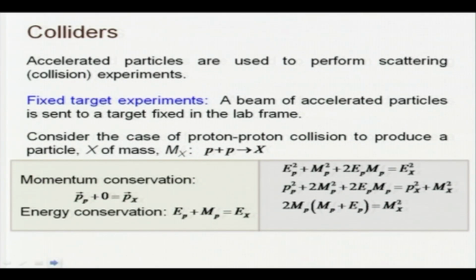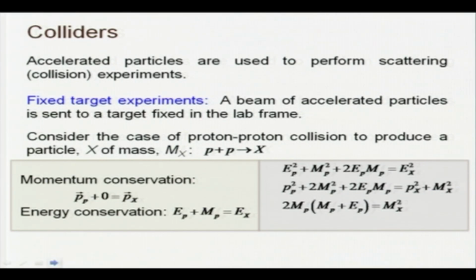To be completely correct, I should have put the powers of c along with this. For example, energy is equal to mc square. The energy equivalent of mass is mc square. So, wherever there is an E square, and I add the mass equivalent of the energy, I should be adding not just m square, but m square c square.